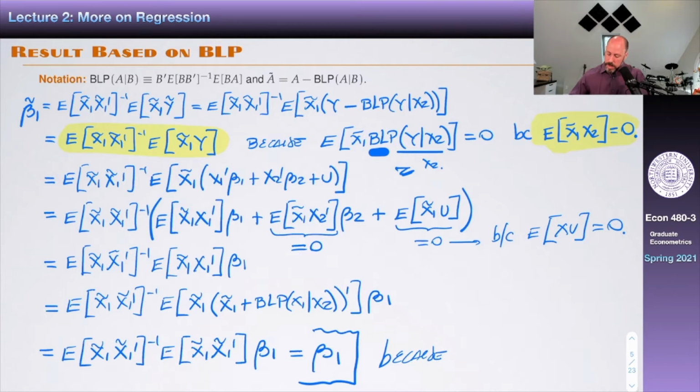Because, again, expected value of x1 tilde times the best linear prediction of x1 onto x2 is 0.